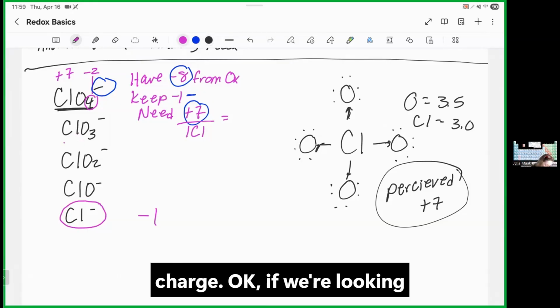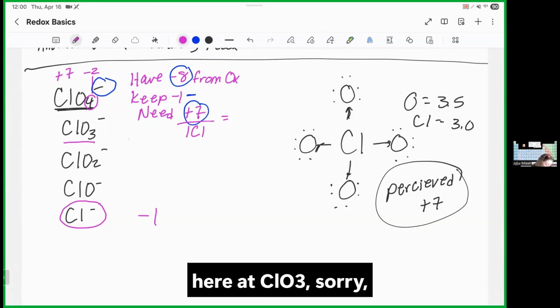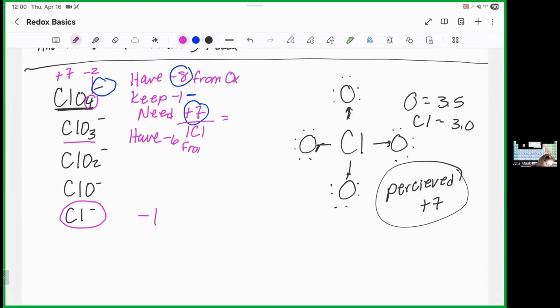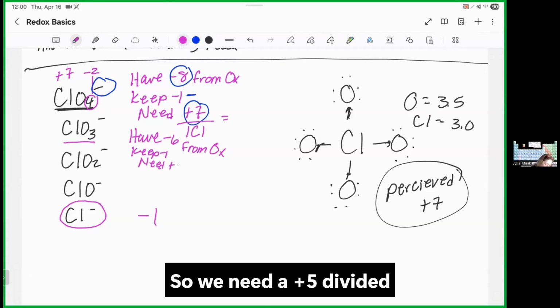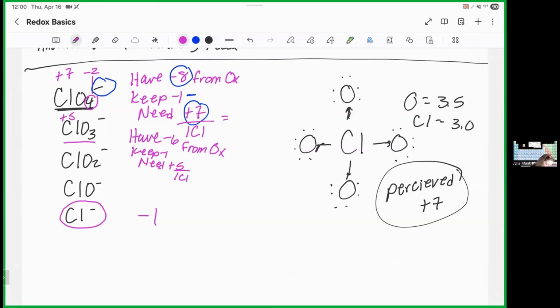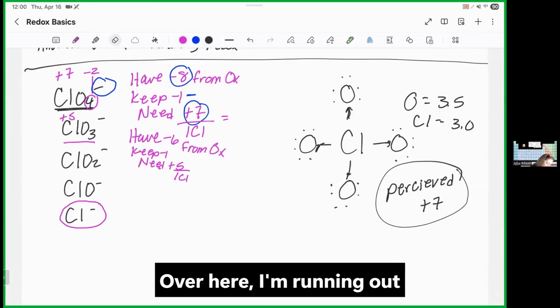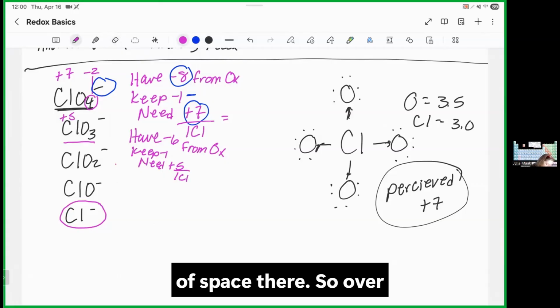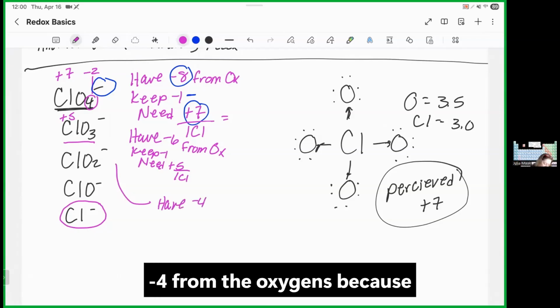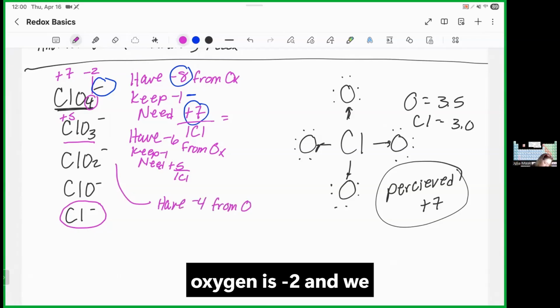Okay, if we're looking here at chlorite, right, we have a -6 from the oxygens. We need to keep one of them. So we need a +5 divided by the 1 chlorine that's there. That one is +5. Over here, I'm running out of space there. So over here for this guy, we know that we have a -4 from the oxygens because oxygen is -2 and we have 2 of them.